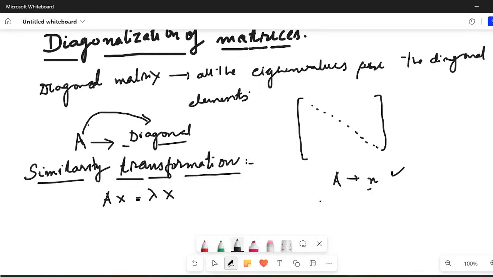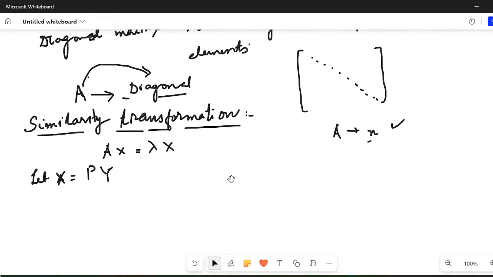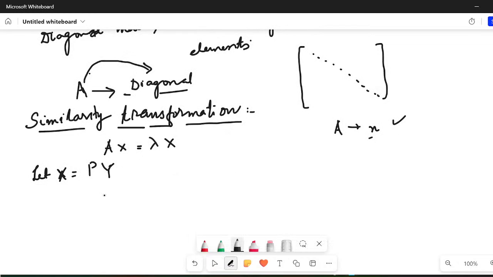Now let us introduce a change of variable, and say x equals P times y. In physics and in maths, if your problem is not getting solved in some particular way, we use substitution.